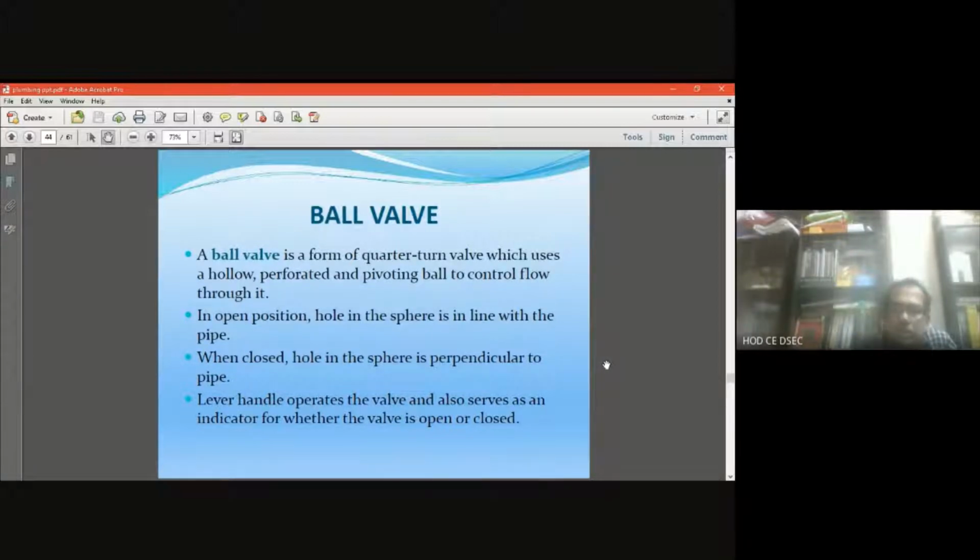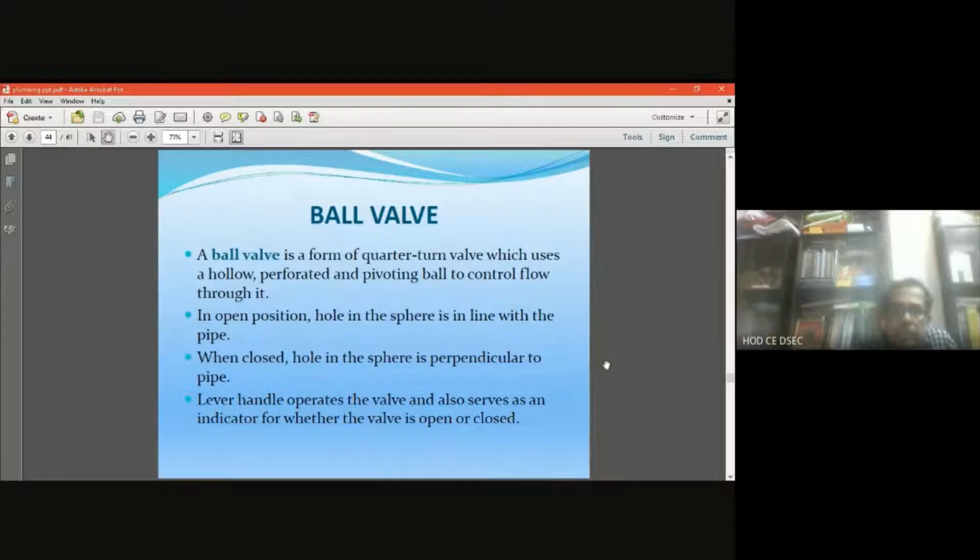So it is a quarter turn valve which uses a hollow perforated and pivoting ball to control the flow through it. Now I will show you the photograph. The lever handle operates the valve and also serves as an indicator for whether the valve is open or closed.